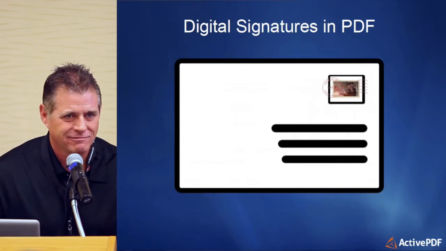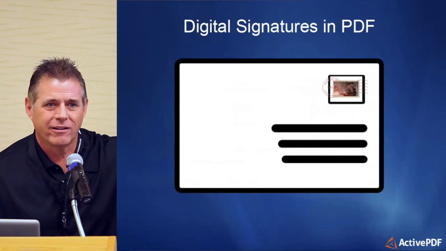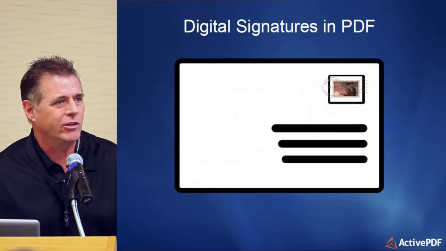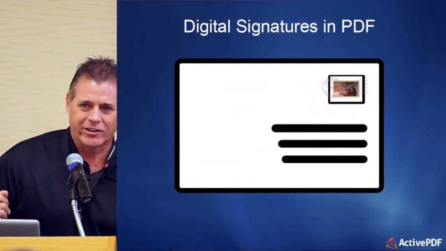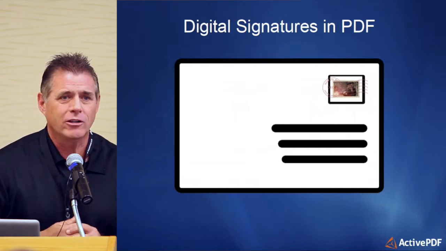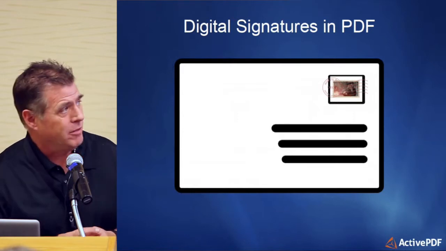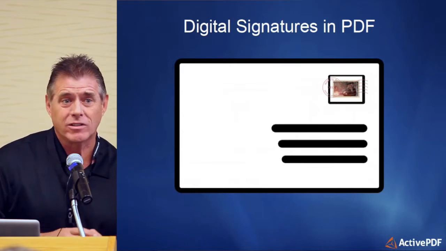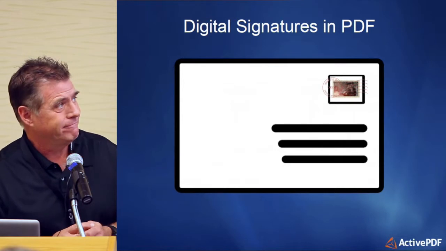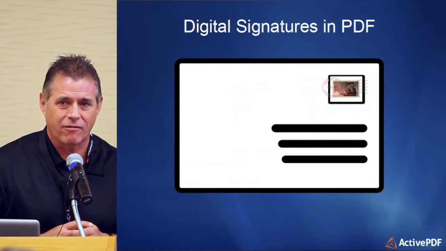Any questions? You notice that there's also some lines on your envelope here. That's because you can also include in your digital signature, or actually in what we call the certificate, identifying information. You can say who signed it, their email address, the date and time it was signed. Those can be embedded in the certificate that signs it itself.